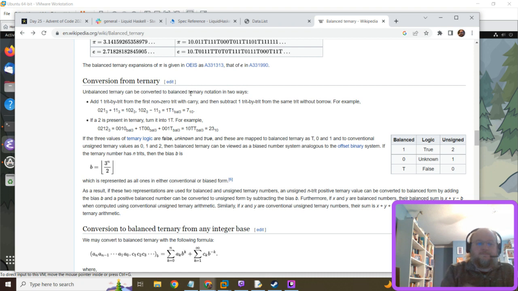Add one. Okay, add one digit by digit from the first non-zero trit with carry. And subtract one trit by trit with the same trit without borrow.